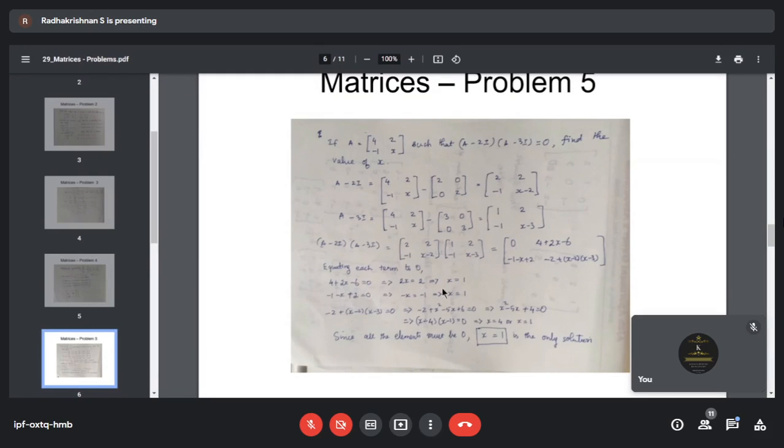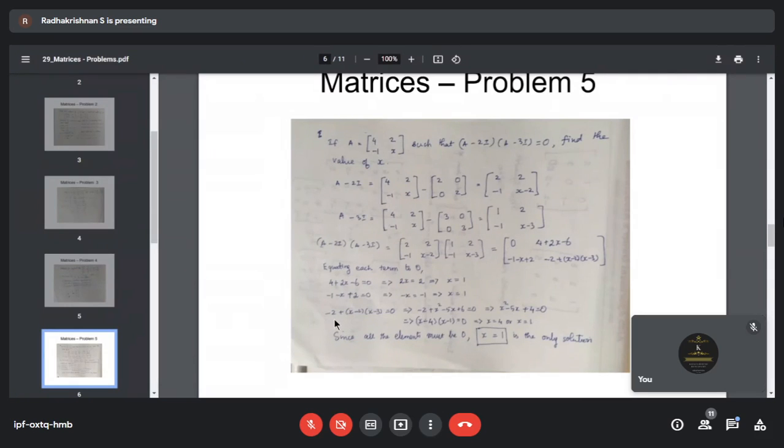First, 4 plus 2x minus 6 equal to 0; if you simplify it, it becomes 2x equal to 2, or x equal to 1. Similarly, next is minus 1 minus x plus 2 equal to 0. If you simplify that, again you will get x equal to 1. The third term is already 0, so we don't have to do anything.